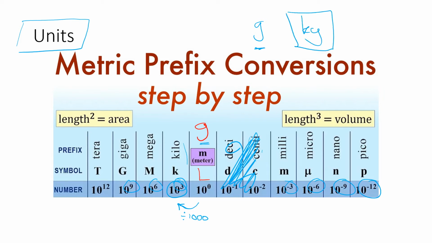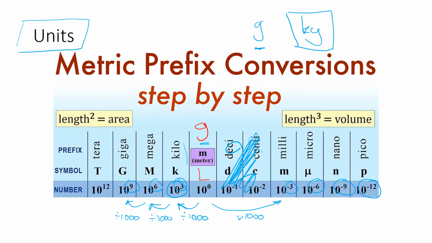Kilograms is bigger. So we need to divide by 1,000 if we're going this way. Again, if we want to go from kilo to mega, we divide by 1,000. And again, to get to giga, we divide by 1,000 again, and so on. You get the idea. And to go the other way, we times by 1,000.